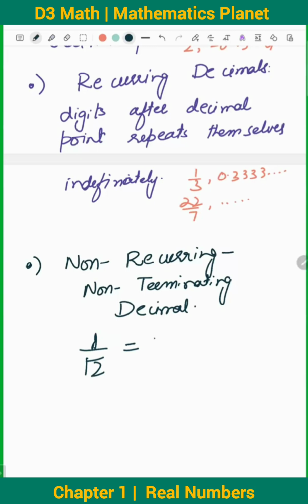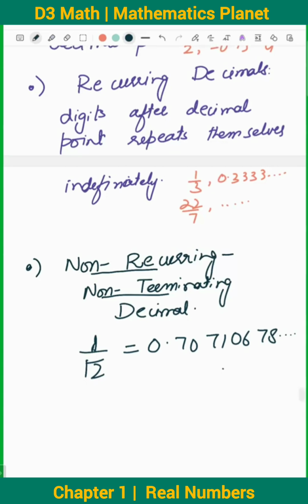You may get something like 0.70710678 and it carries on. So you can see that the numbers neither repeat nor finish. Not repeating means non-recurring, not finishing means non-terminating. Such numbers are called non-recurring, non-terminating decimals.